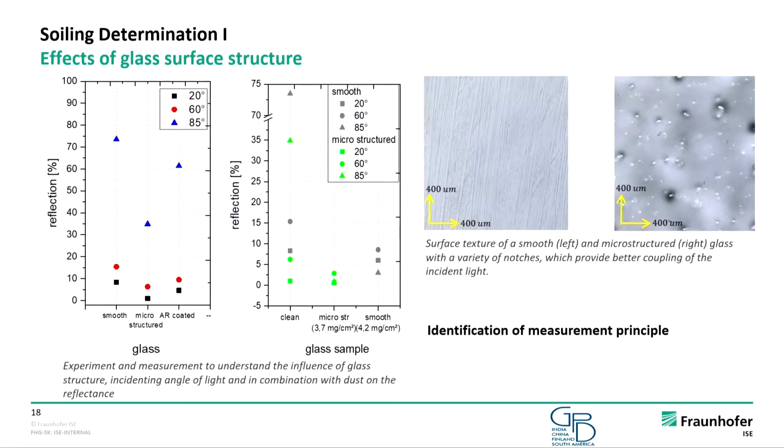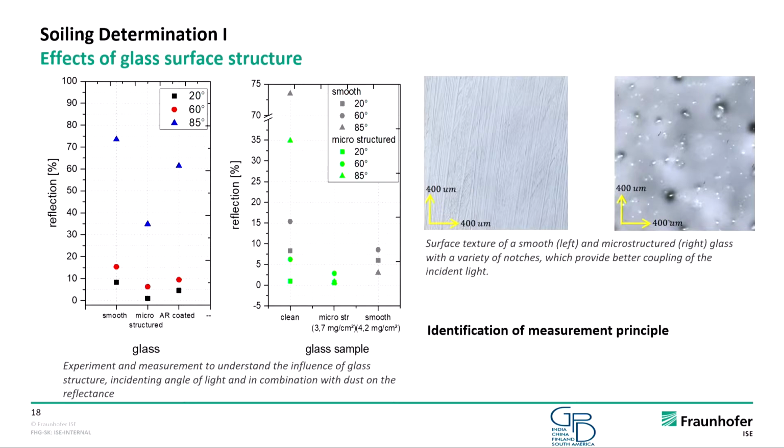On the second graph, you can see what happens if we measure soiled glass, with particles homogeneously covering the surface of a microstructured and smooth glass.